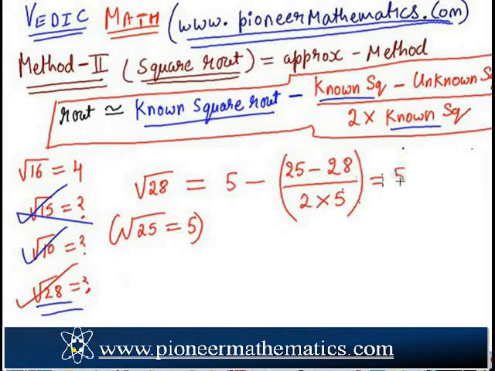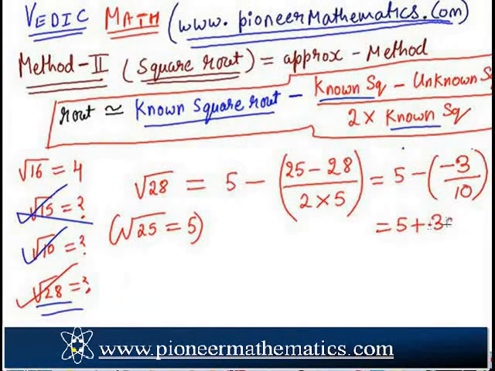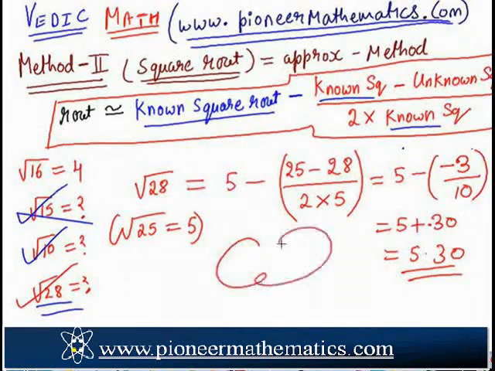Now see how things come out. It is minus 3 upon 10. So 5 plus 0.30. The answer is 5.30, right? Now what is the answer from the calculator? From the calculator it gives us 5.29 approximately.